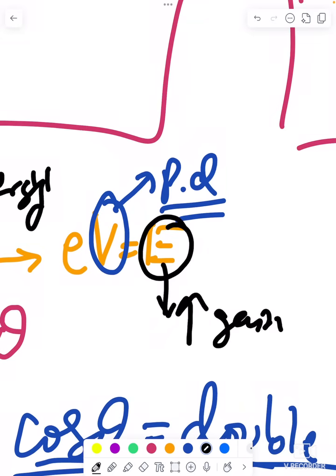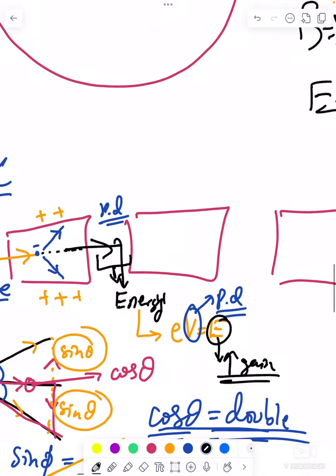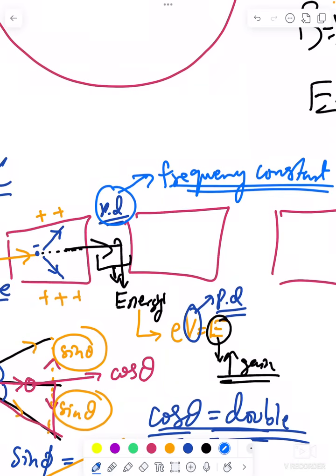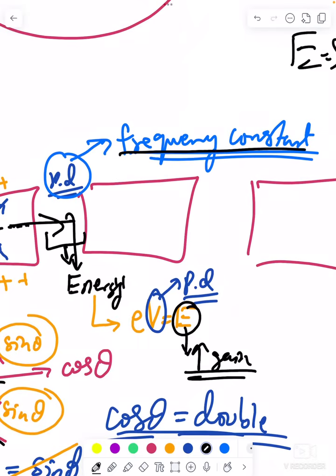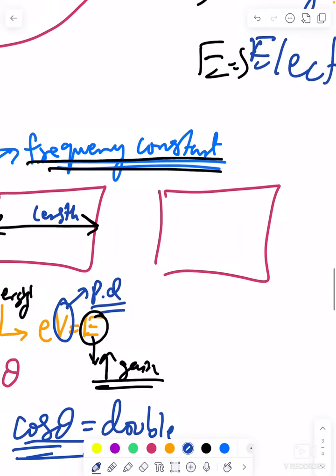And the frequency of the potential difference is constant. Now since it's constant, we require the length of the tubes to be exactly the same. We want it to be the same.